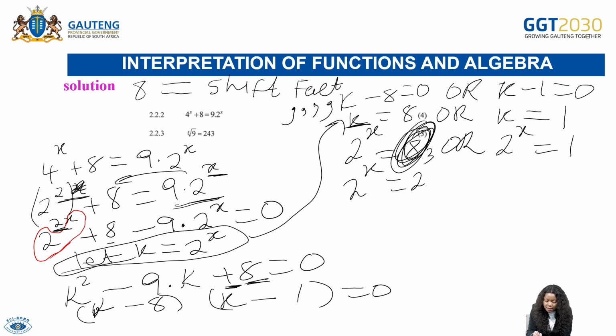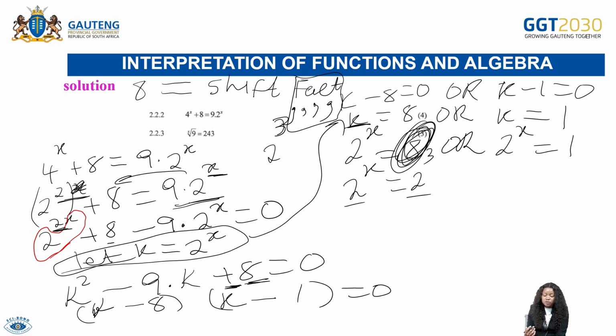Then you'll get 2 to the exponent 3. So always when you're trying to write a number as a prime base, just follow those steps. So why are we writing it as a prime base? Because we want to make the bases the same.